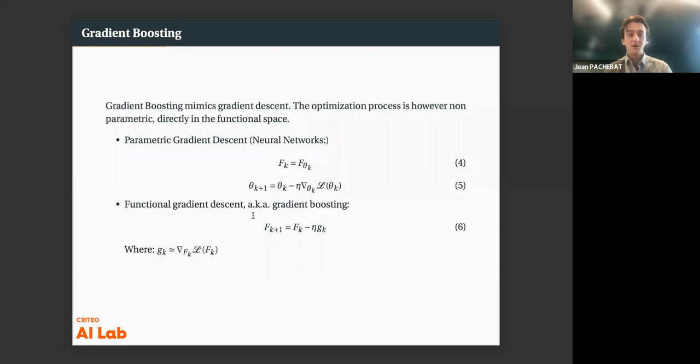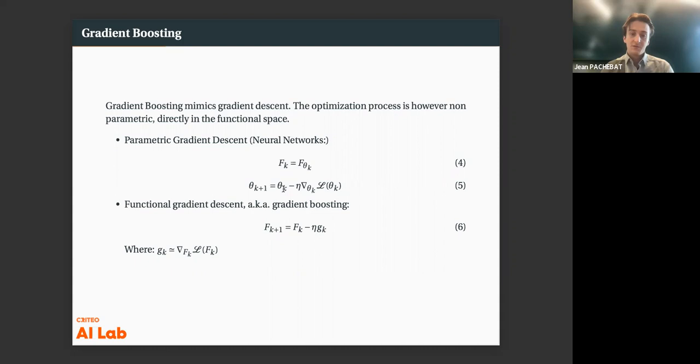So in classical parametric gradient descent, which, for example, is used for training neural networks, we put a parameter space on our function. So our function is parameterized by a value theta k, and at each iteration we modify this parameter by taking the gradient with respect to this parameter, adding a step size, and changing our result from the previous iteration to go in the direction of the gradient.